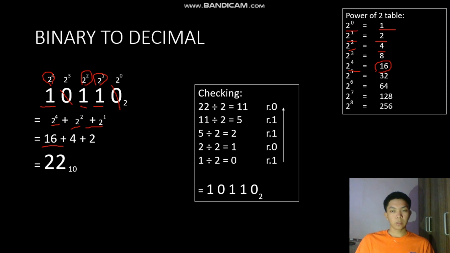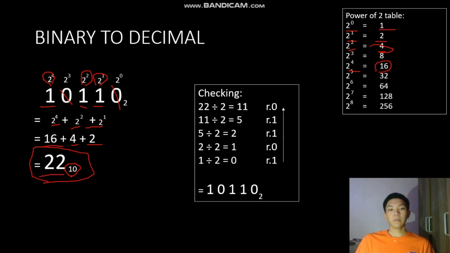And then the 2 squared, we have 4, and 2 to the power of 1 is 2. So when we add that, guys, we come up with a value of 22. Since this is already a decimal, we have to put this base 10 system. So this is our answer, guys.